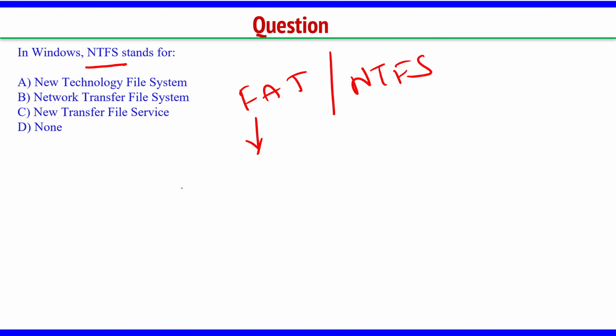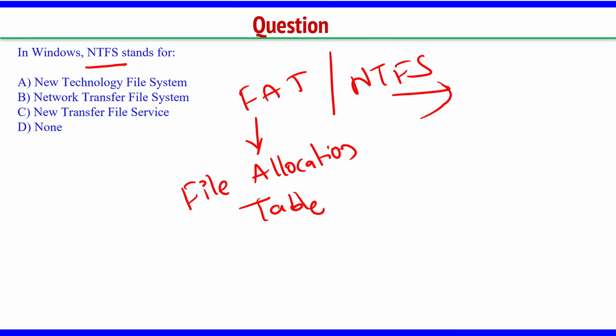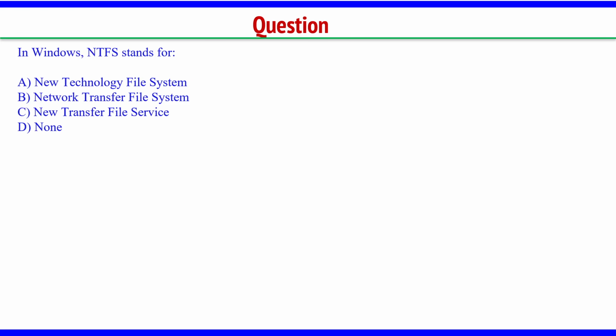FAT stands for file allocation table, and NTFS stands for new technology file system. Right. So that is the answer. In Windows, you will see FAT or NTFS. FAT means file allocation table and NTFS means new technology file system.